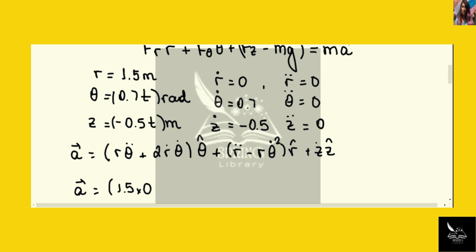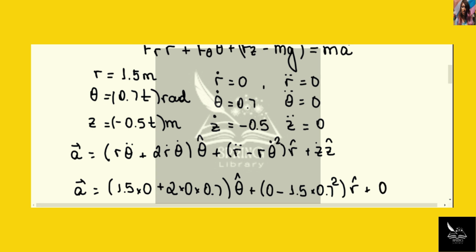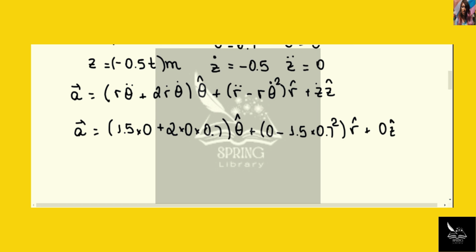Okay, so we have 1.5 times theta double dot, which is 0, plus 2 times r dot, which is 0, times theta dot, that's 0.7. So the first term here is 0. Then we have r double dot, which is 0, minus r, that's 1.5, times 0.7 squared, plus 0. So in the end, all we have is that the acceleration is equal to minus 0.735 in the r direction.